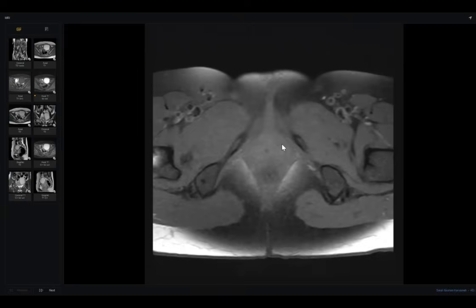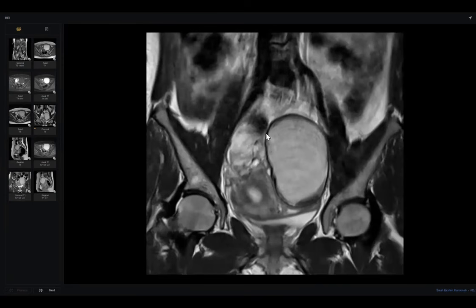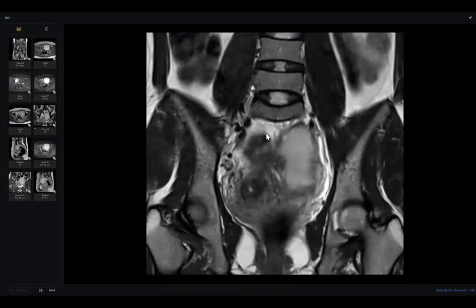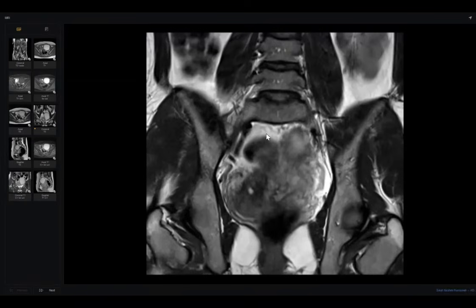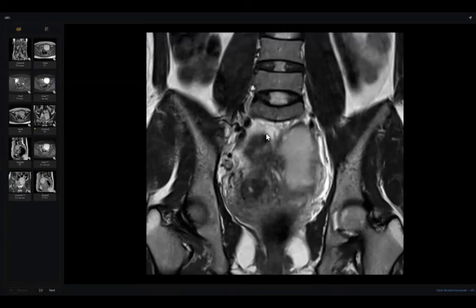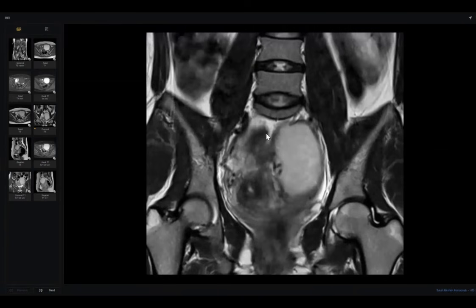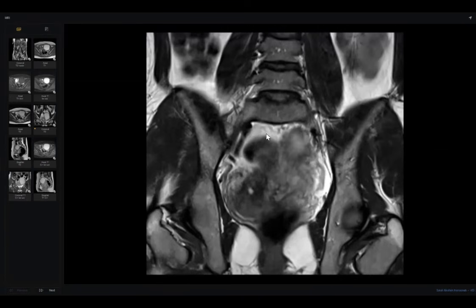On T2, the larger lesion on the left side has a hypointense wall with internal hyperintensity and some hypointense nodules in its wall.